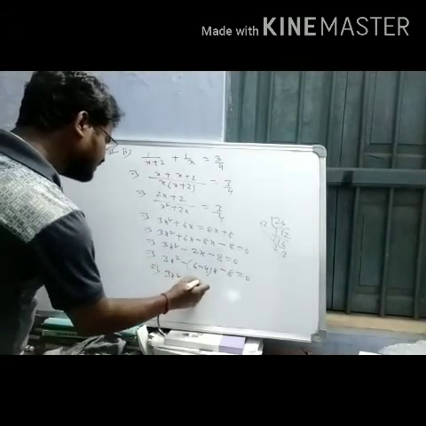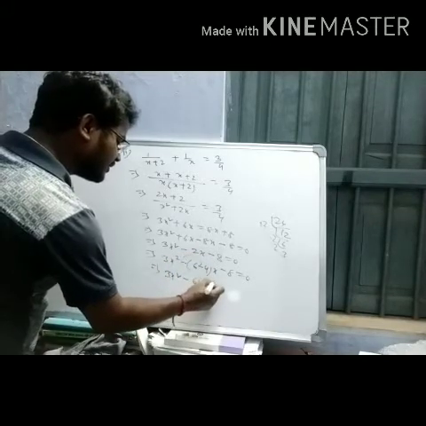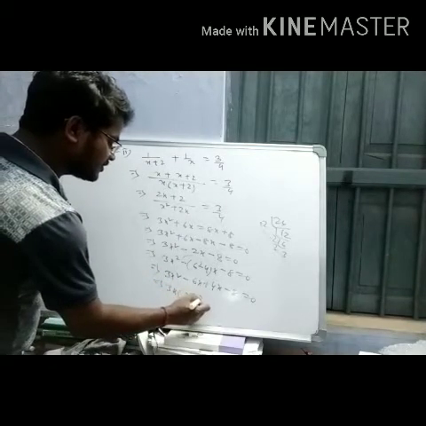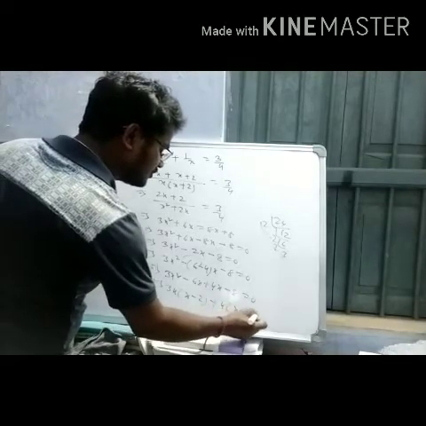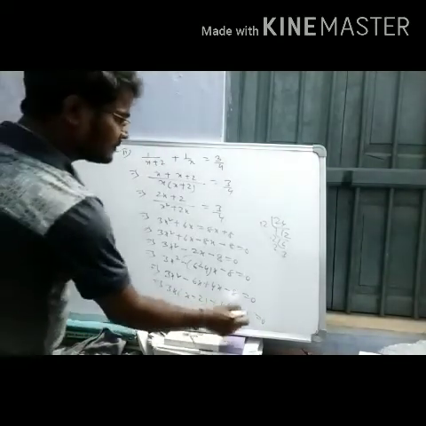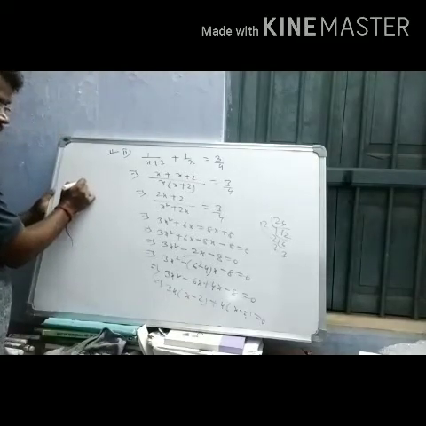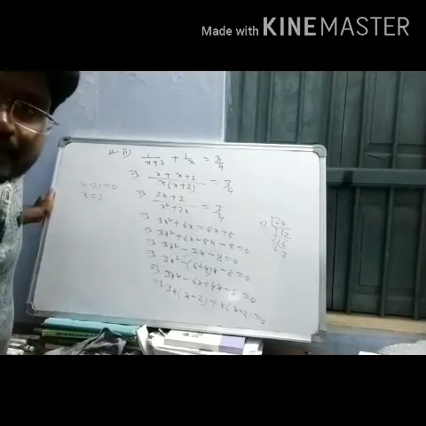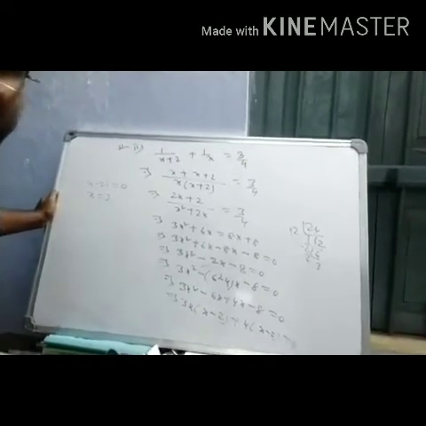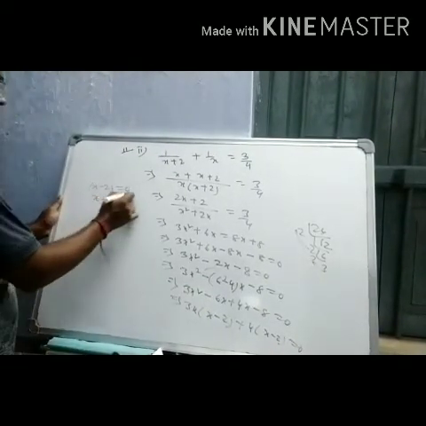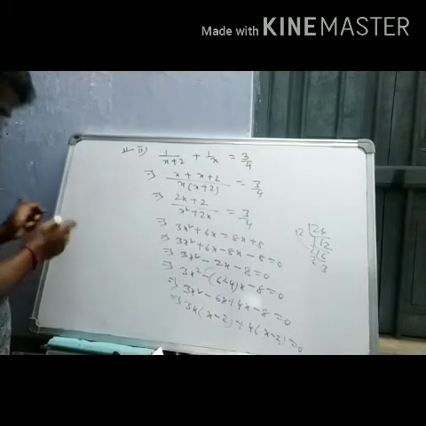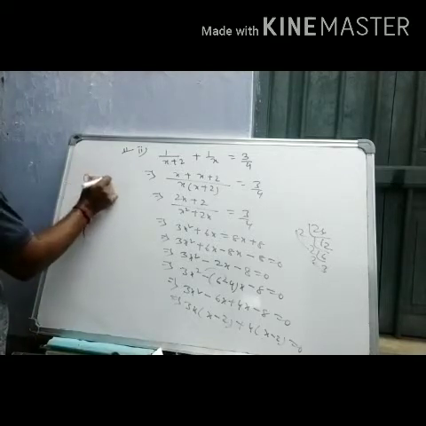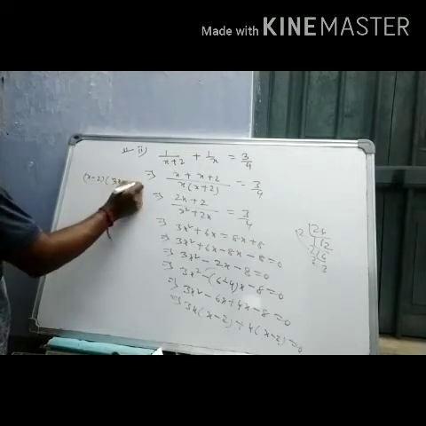3x² − 6x + 4x − 8 = 0. Take the common 3x: 3x(x − 2) + 4(x − 2) = 0, so it is (x − 2)(3x + 4) = 0.